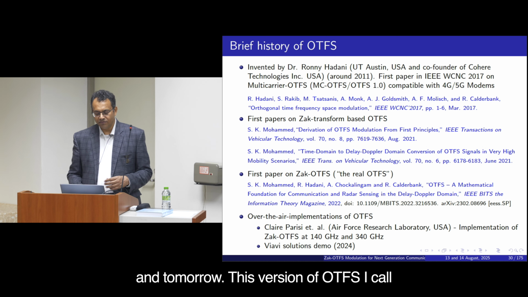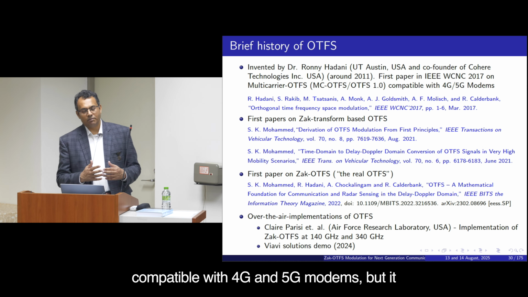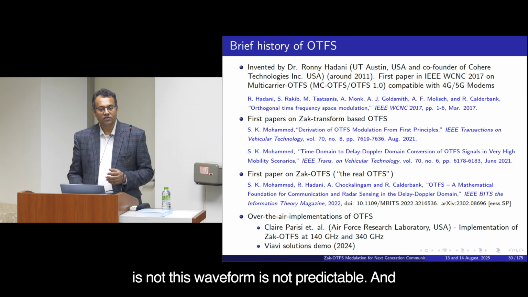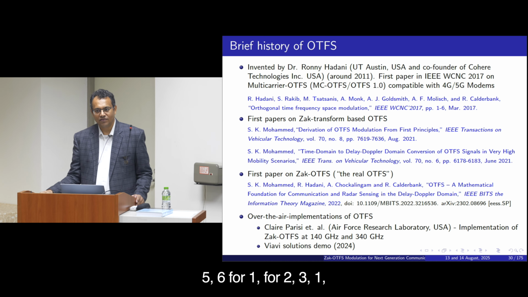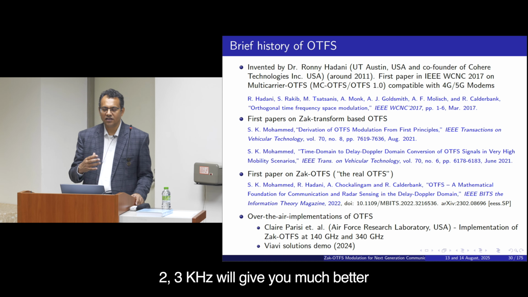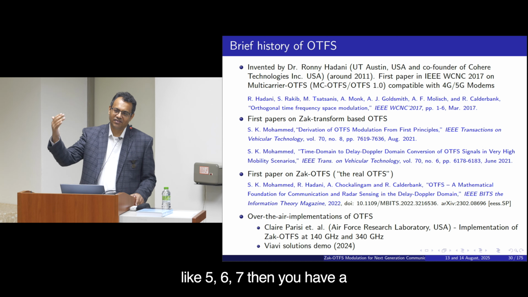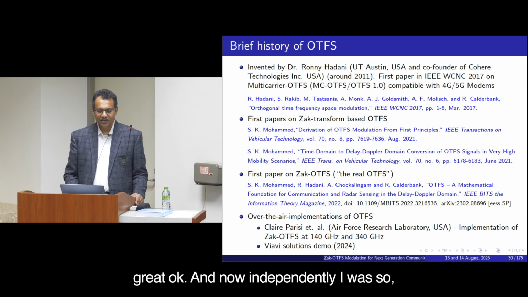I call it OTFS 1.0, and it was made to be compatible with 4G and 5G modems, but this waveform is not predictable. When the Doppler becomes high, say 1, 2, 3 kilohertz, it will give you much better performance than OFDM. But when you make it 5, 6, 7, then you have a problem. Even this does not work that great.